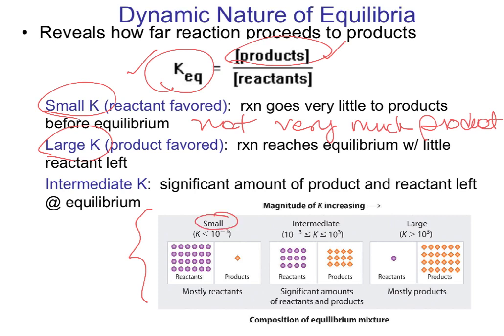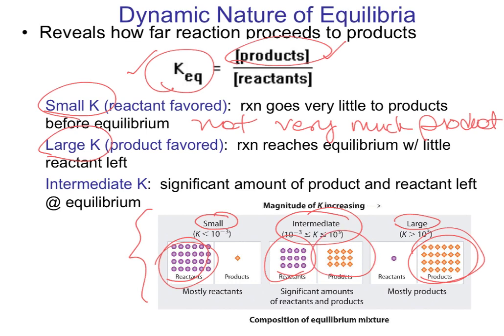A small equilibrium constant, so it's something less than 1, will have a lot of reactants and not very much product. And a large equilibrium constant will have just the opposite, a lot of product. You do have some equilibrium constants kind of in the middle, where you have roughly equal amounts of reactant and product.